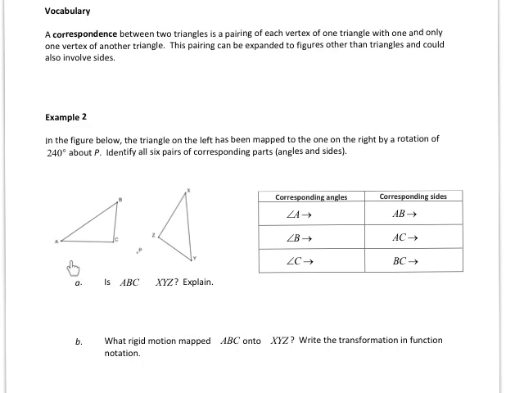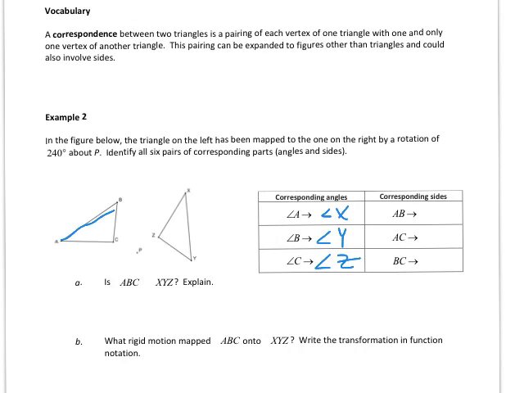If A has been rotated all the way around, then A is going to correspond to X, B is going to correspond to Y, and C is going to correspond to Z. So we list all those correspondences. Angle A corresponds to angle X, angle B corresponds to angle Y, and angle C corresponds to angle Z. And then you look at the side measurements.